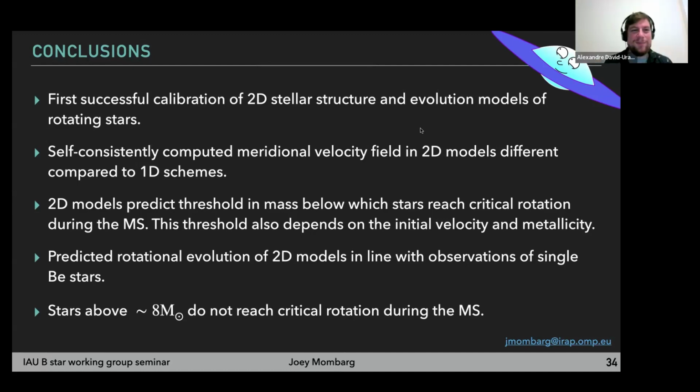Okay. Next up, we have a question by John. Hey, great talk. Lots to think about here. So I was wondering about a scenario where you might have binary mass transfer that spins the star up to 99% of critical or something. And then after that point, the star would essentially evolve as a single star, right?